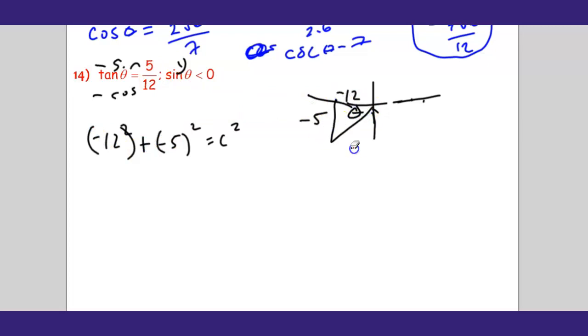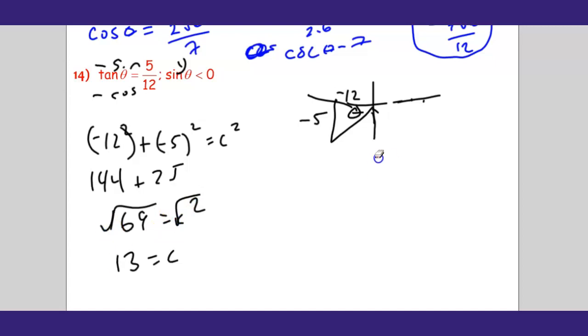So 144 plus 25 gives us 169, and the square root of 169 is 13. So this is 13. So now we have that.